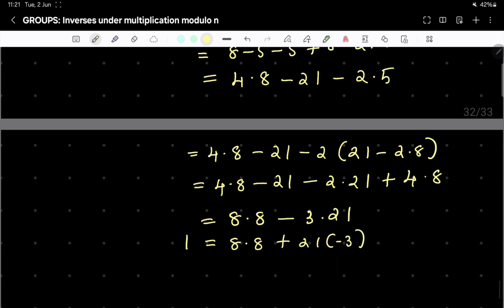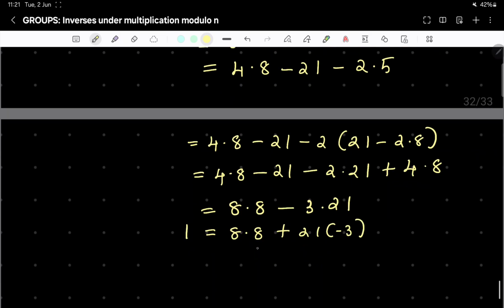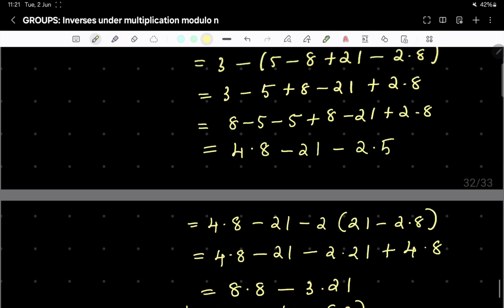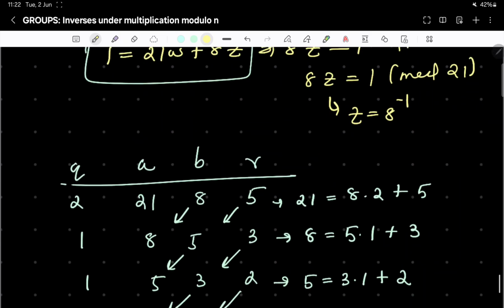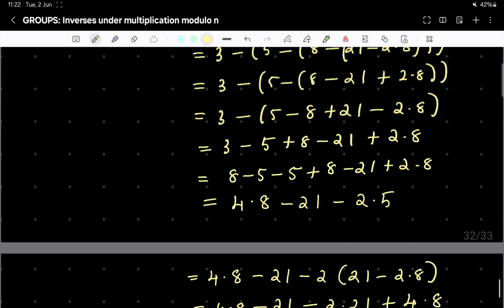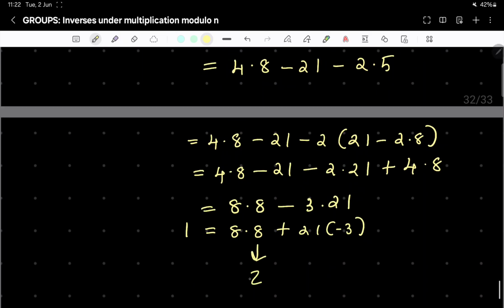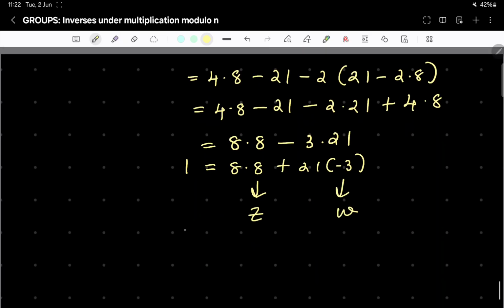So what is your W? How did you write it first? So Z is equal to 8 and W is equal to minus 3. So what is the inverse? So they are telling 8 is the inverse.